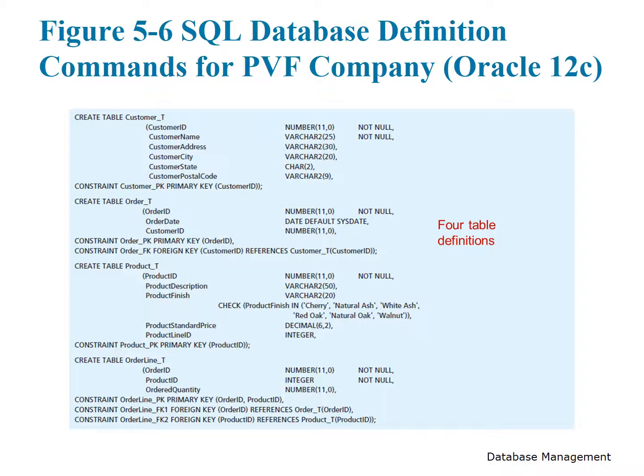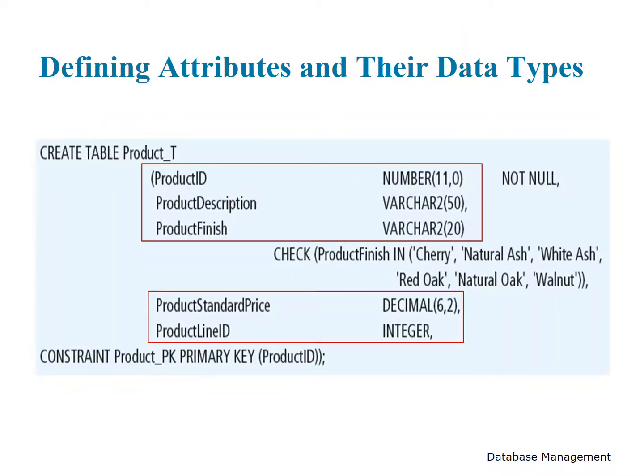Create table statements from Figure 5-6. So we can make a table like this, defining constraints and their data types. Each column has a data type.